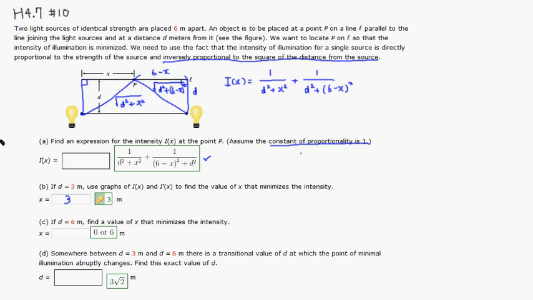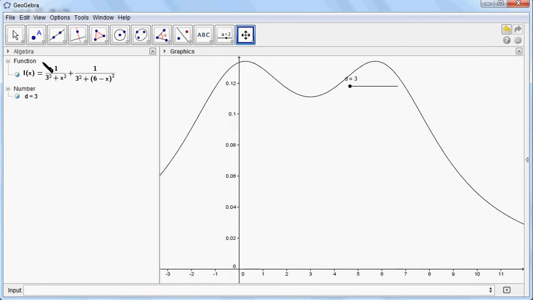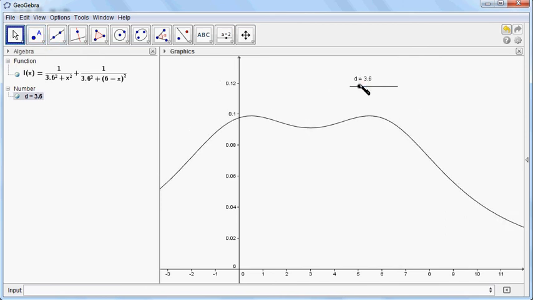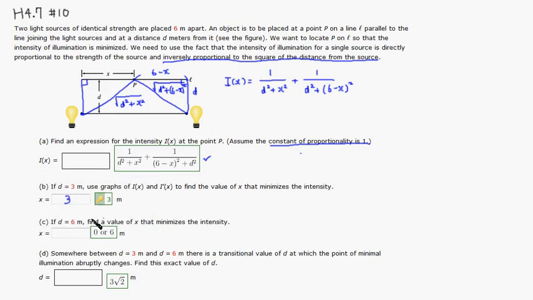But if you change it to d equals 6, using this slider, d is currently 3, but if you change that to 6, you can see that between 0 and 6, the smallest value is either at 0 or 6. So if you go back to that, it's going to be 0 or 6. So here's 0 or 6.